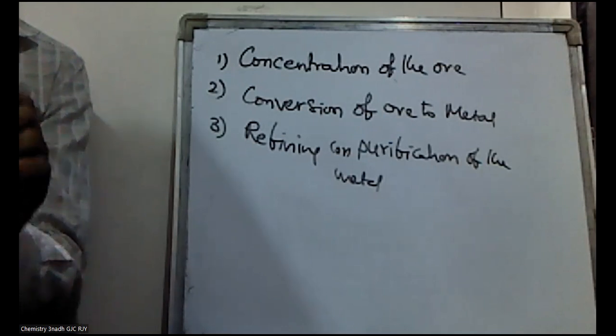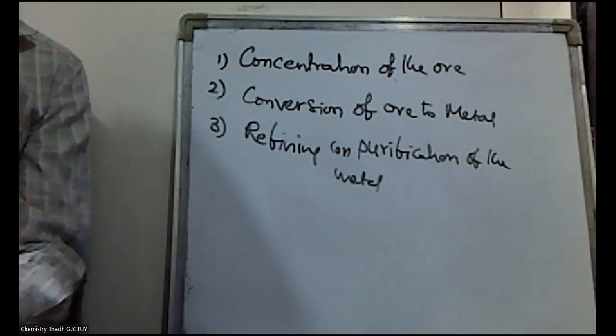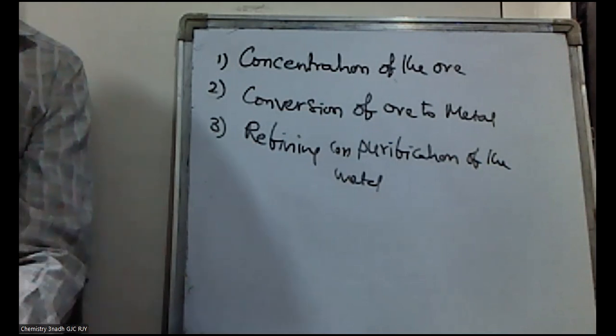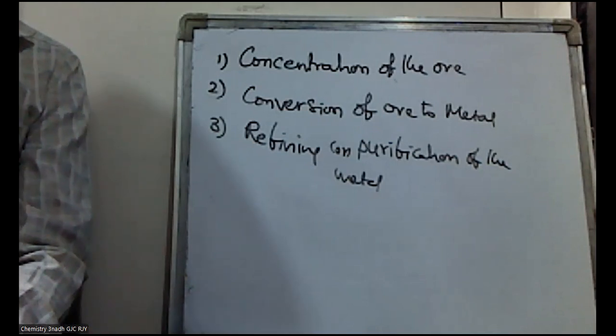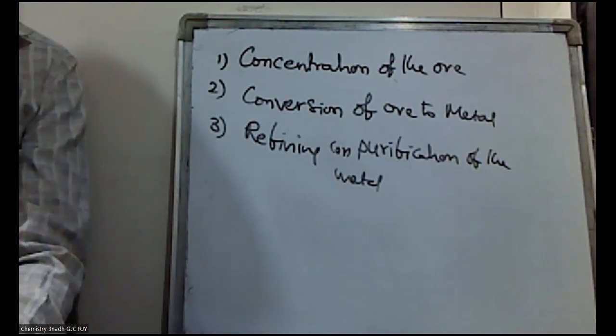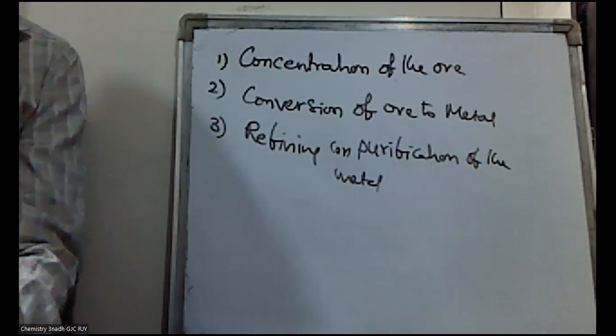In that video, I discussed the difference between the ore and the mineral. A mineral is a naturally occurring compound of a metal. For example, sodium occurs as sodium chloride, sodium carbonate, sodium bicarbonate, sodium sulfate, sodium nitrate, and so on. All these are minerals.